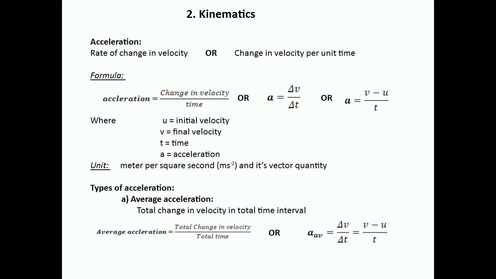Now the types of acceleration. The first type is average acceleration. Average acceleration can be defined as the total change in velocity in the total interval of time. You add up all the changes in velocity and divide by total time, and you get average acceleration.